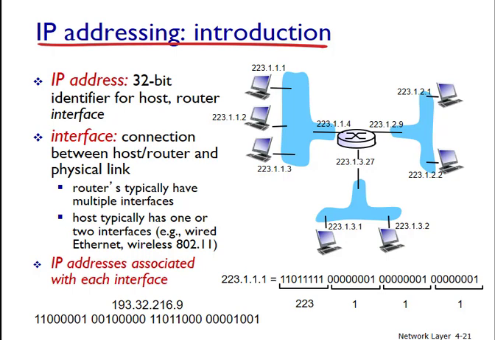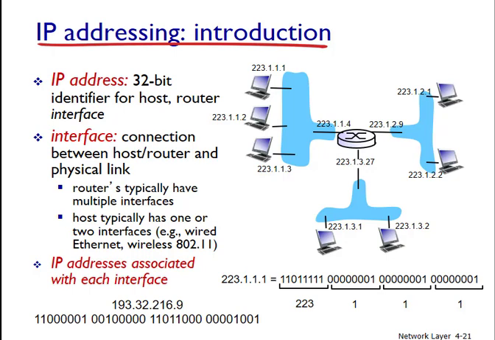Each IP address is 32 bits long, or 4 bytes, and there are about 4 billion possible IP addresses. These addresses are typically written in dotted decimal notation, in which each byte of the address is written in decimal form, not binary, and is separated by a period or a dot from other bytes in the address.